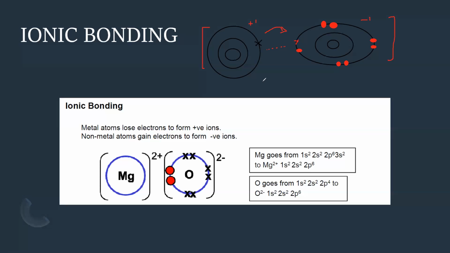In terms of electronic configuration, how can you explain how an ionic bond is formed? For example, if you want to show the ionic bond between magnesium and oxygen, or the ionic bond within magnesium oxide, how can we represent this?